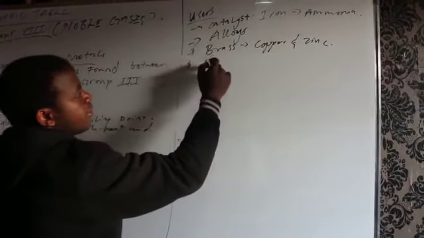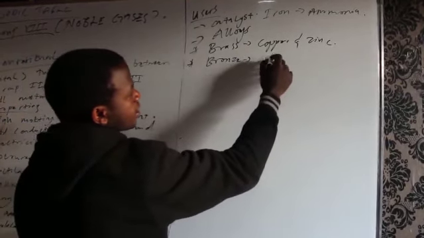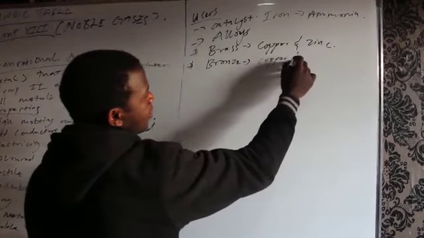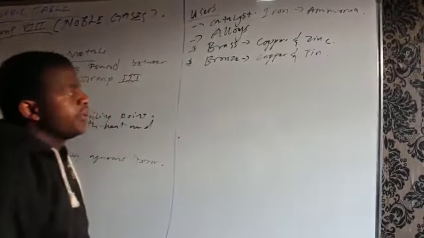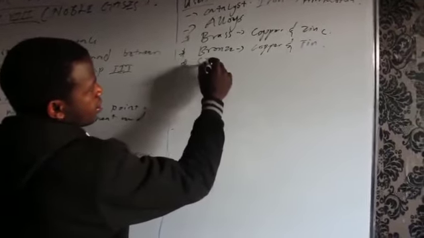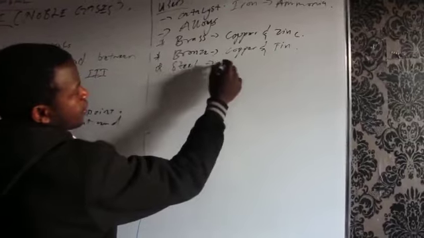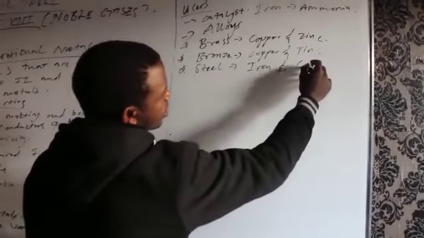Then we also have bronze, which is made up of copper and tin. We also have steel, made up of iron and carbon.